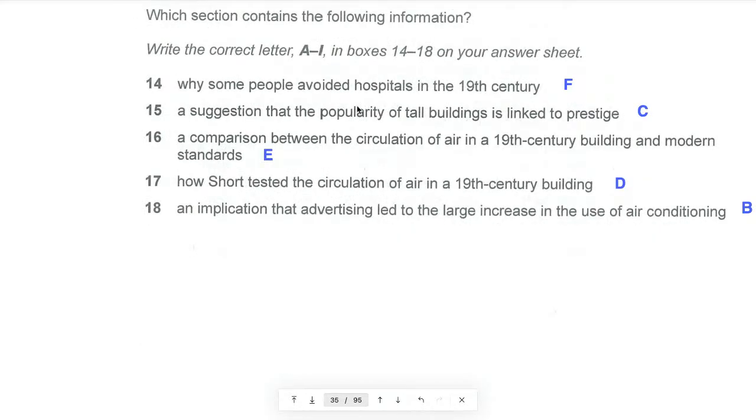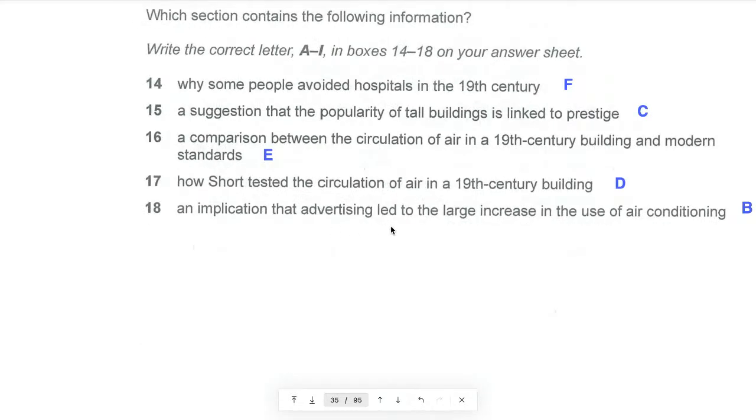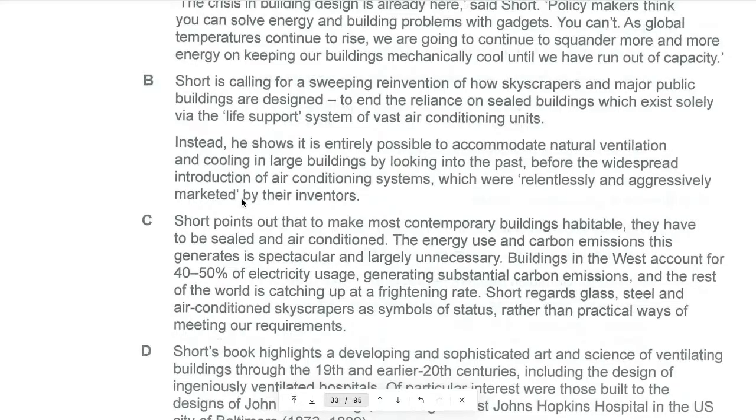Now, tell me. Advertising led to the large increase in the use of AC. Where? Advertising means what? Yeah, marketed. Relentlessly and aggressively marketed by the inventors. So we are talking about advertising here, right? And then what? Large increase in the use of AC. Where? Relentlessly and aggressively marketed. That means that they just market a lot and frequently.